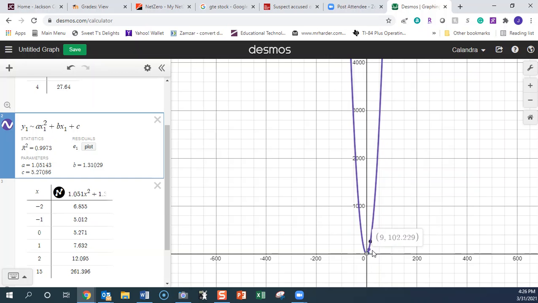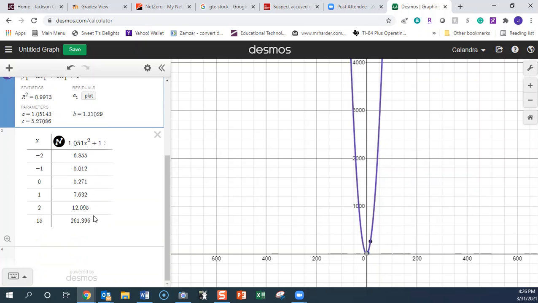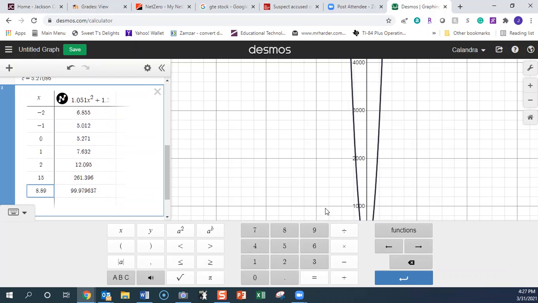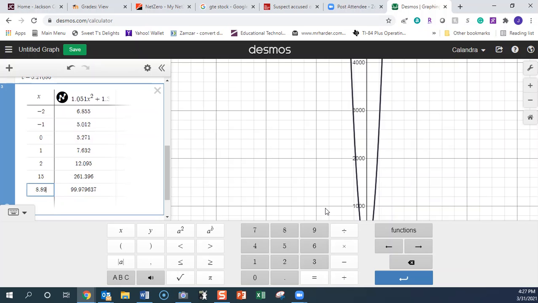So if you notice here, it is real close between 8.6 and 9. So we could go here and put in 8.7, 8.8, 8.9. Let's see, 8.9. Oh, that's a little over.